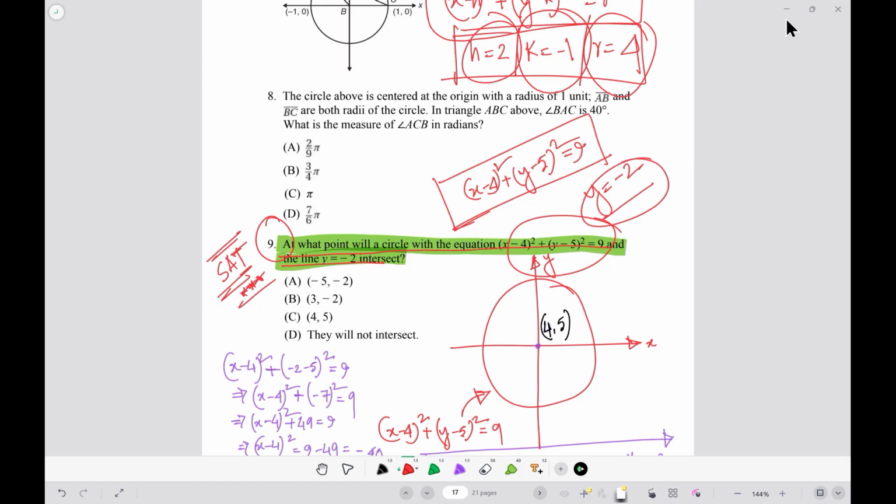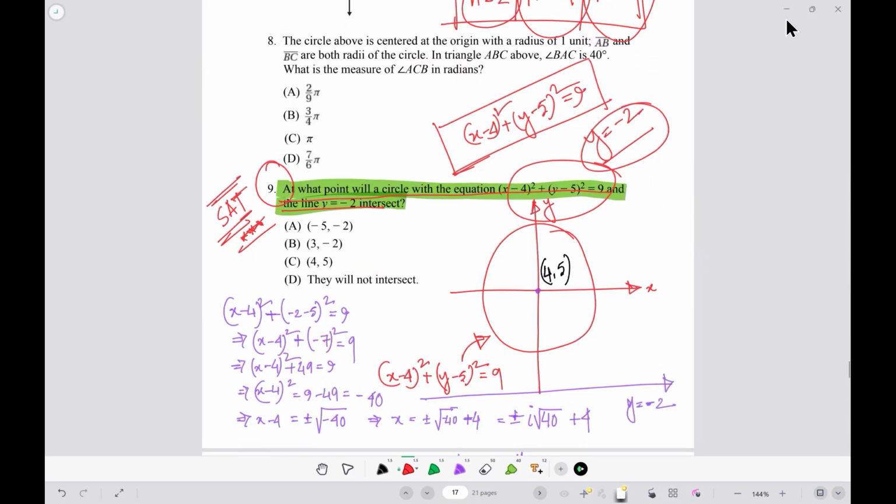We are asked at what point these two geometrical entities will intersect.